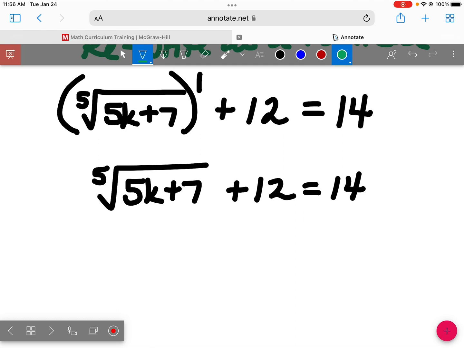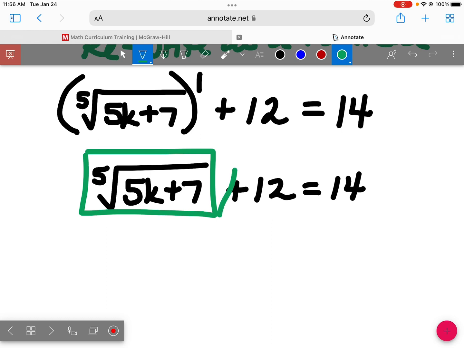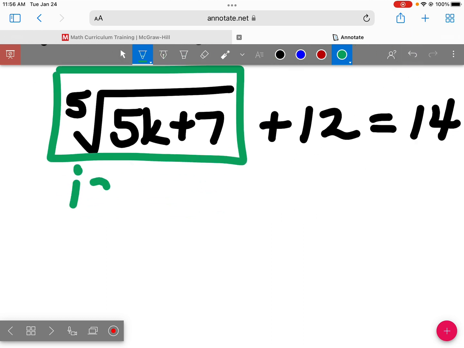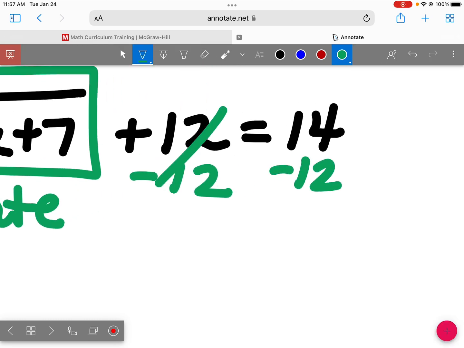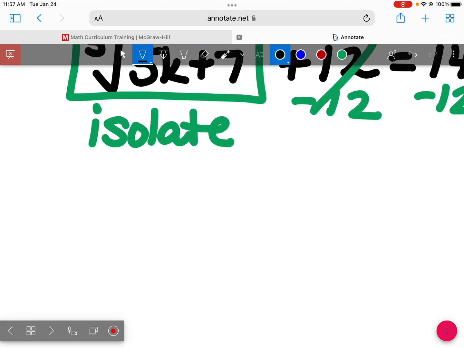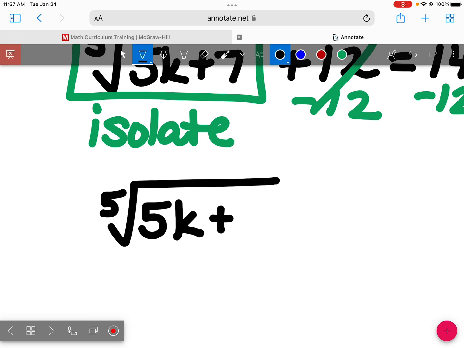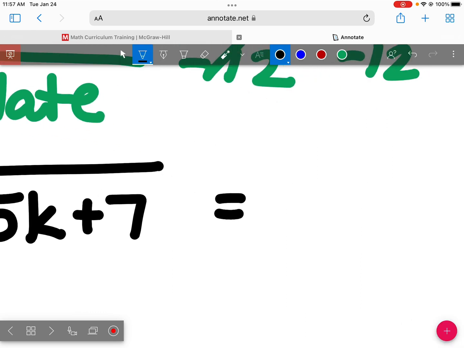What do I do from here? Subtract 12 from both sides. We're going to isolate our radical by subtracting 12 from both sides. So I have the 5th root of 5k plus 7 equals 2.